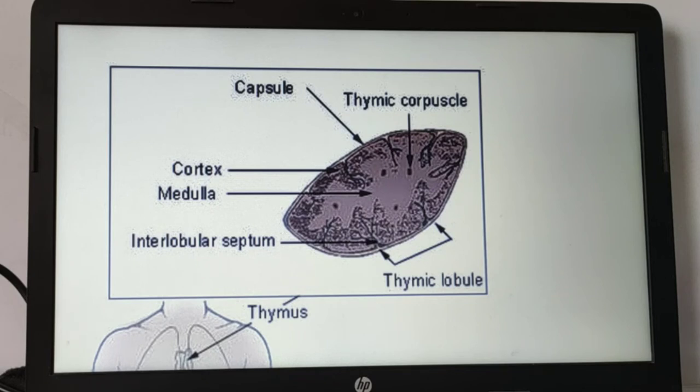The main thing about this gland is that it is a prominent gland. What is a prominent gland? That means at the birth of a person or a child, this gland, the thymus gland, is present in our body. But after some time it gets degenerated.